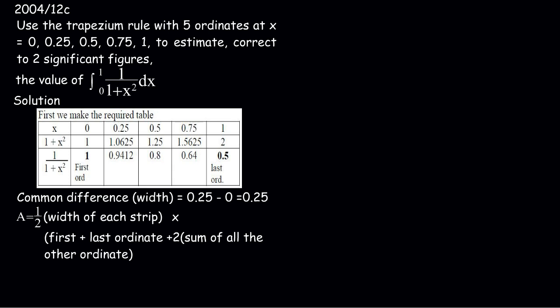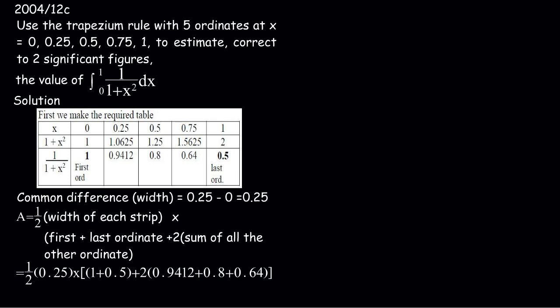Now our area is given by 1 divided by 2 in bracket width of each strip times in bracket first plus last ordinate plus 2 in bracket sum of all the other ordinates. Substituting, it is equal to 1 over 2 in bracket 0.25 times in bracket 1 plus 0.5 plus 2 in bracket 0.9412 plus 0.8 plus 0.64.